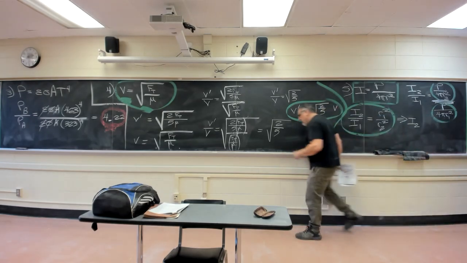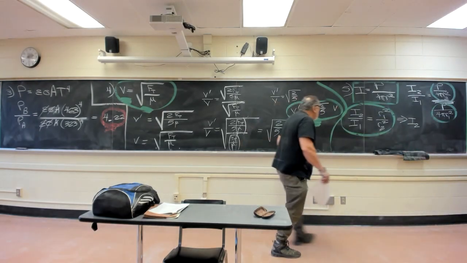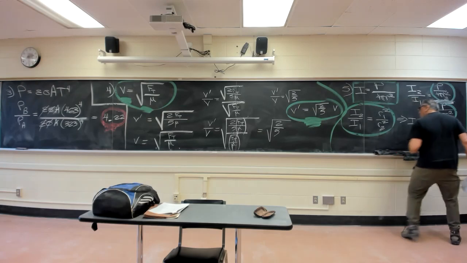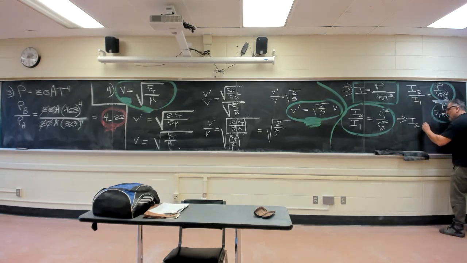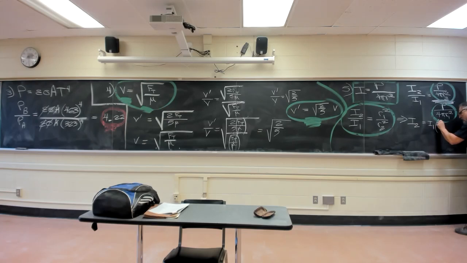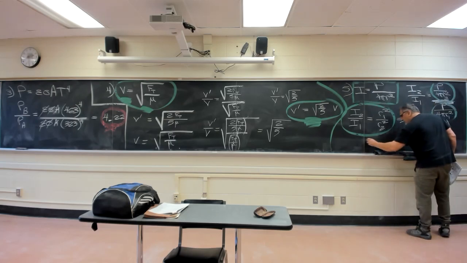So what we have here is I sub 2 is equal to I1 times r sub 1 squared over r sub 2 squared. What does that mean?